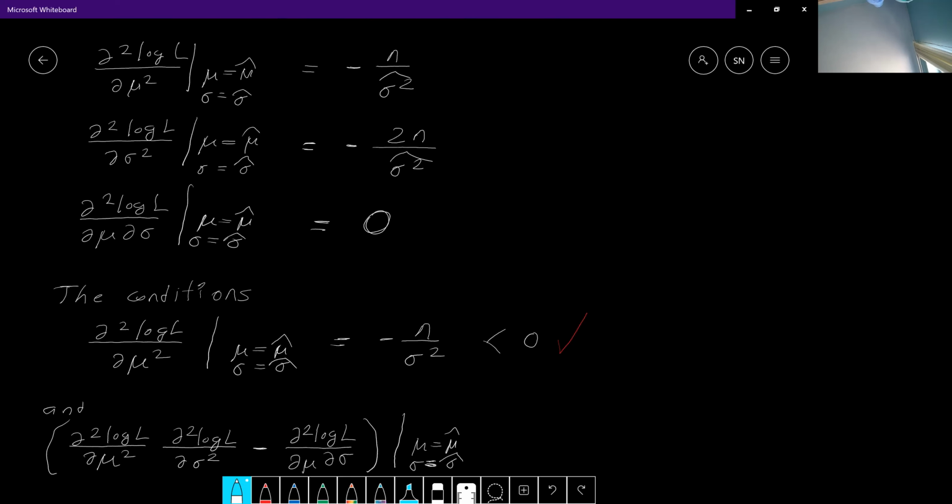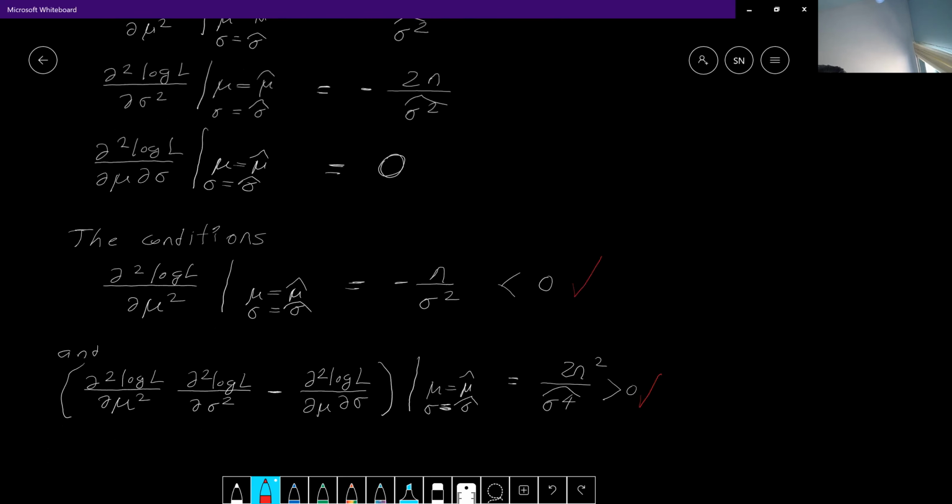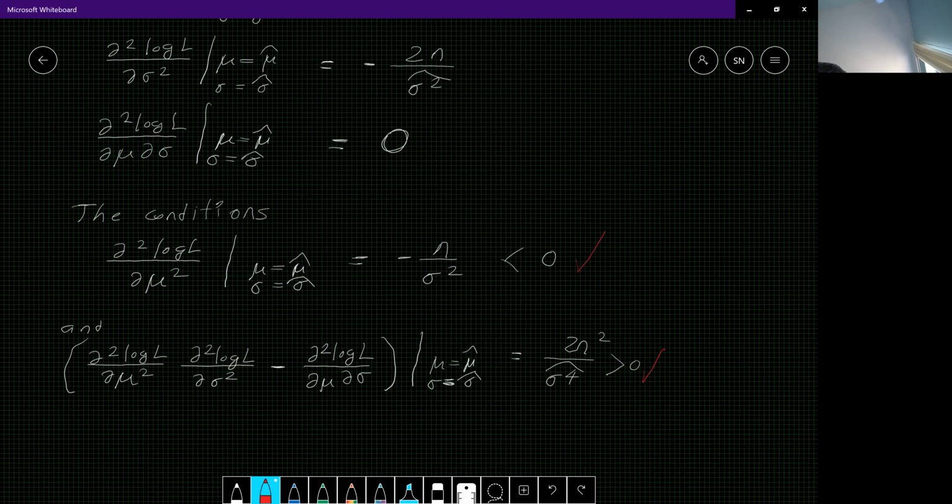If you do the math, I'm sure you guys know how to do it, you will get 2n squared divided by sigma power 4 hat, which is clearly positive. So the two conditions are satisfied, right? So the conclusion is this.